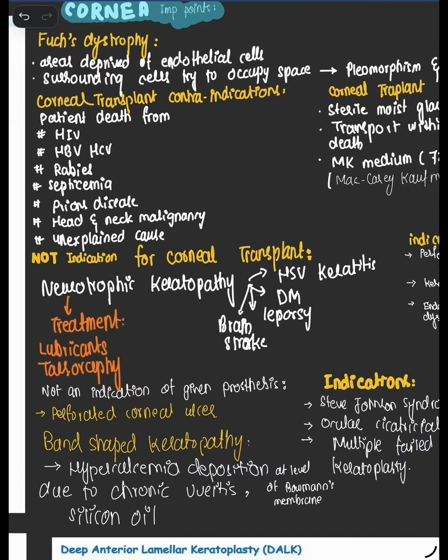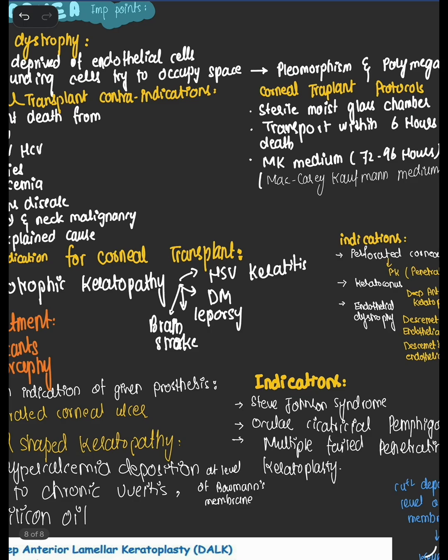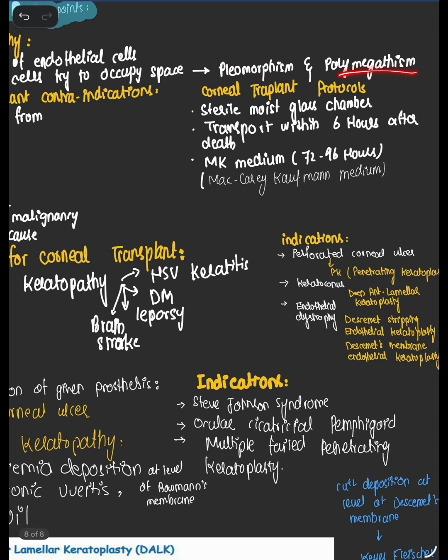So what is Fuchs dystrophy? It is an endothelial dystrophy, in which the corneal endothelial cells are lost and the surrounding cells occupy the space, and it results in pleomorphism and polymegathism.